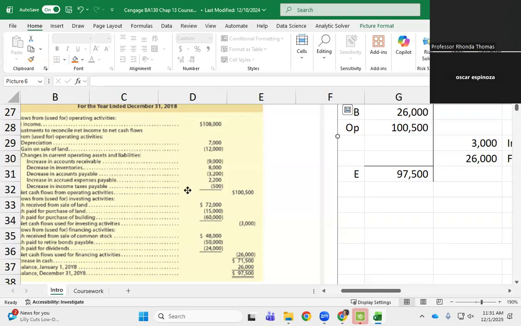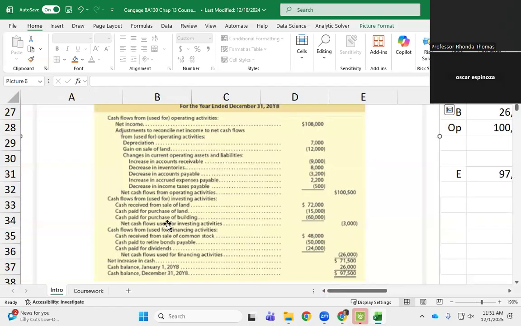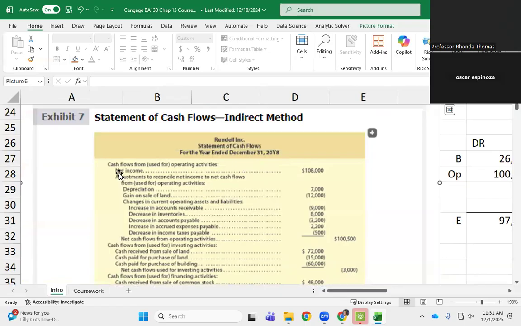Okay, here's what we need to know. In the cash flow statement, we have an operating section. Notice the first section of your cash flow is called cash flows from. From means that it went up.